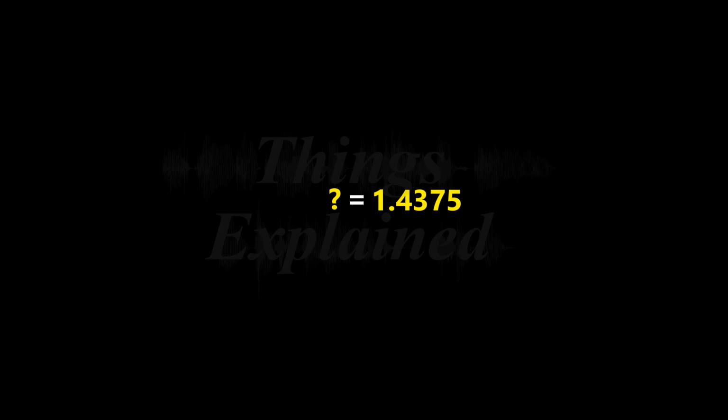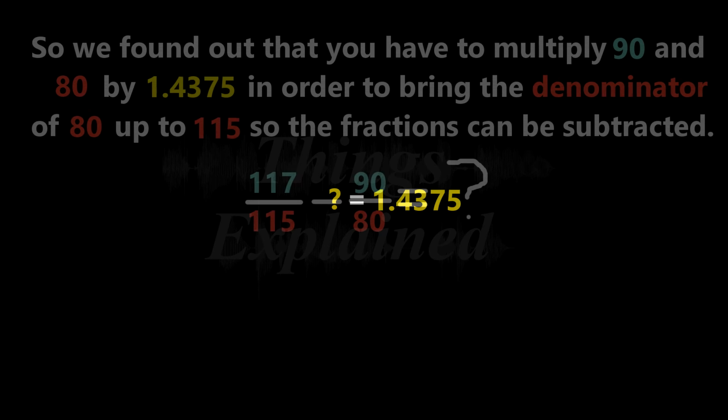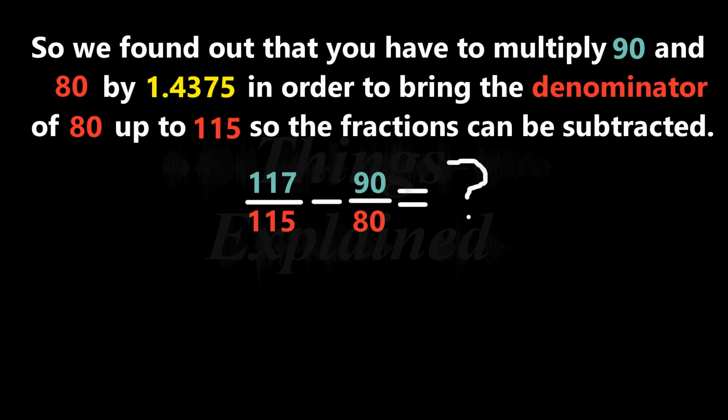Armed with this knowledge, let's go back to our problem. So we found out that you have to multiply 90 and 80 by 1.4375 in order to bring the denominator of 80 up to 115, so the fractions can be subtracted.